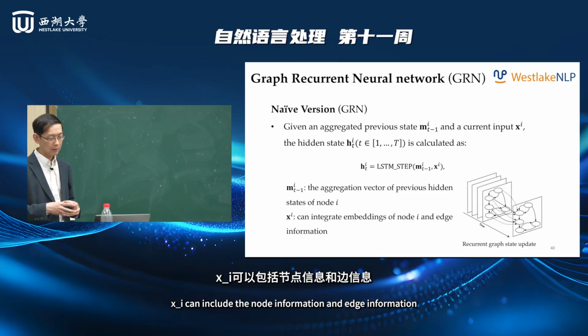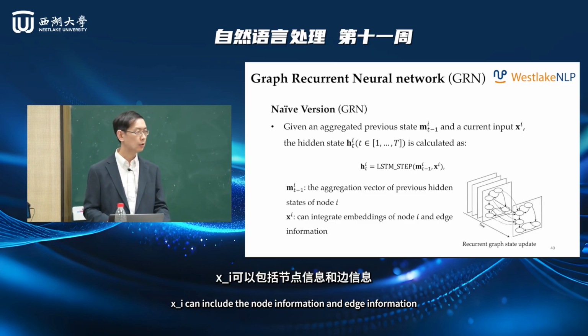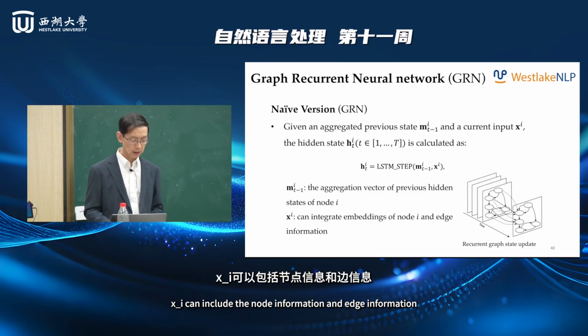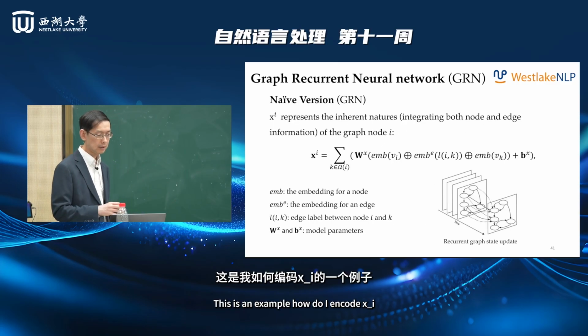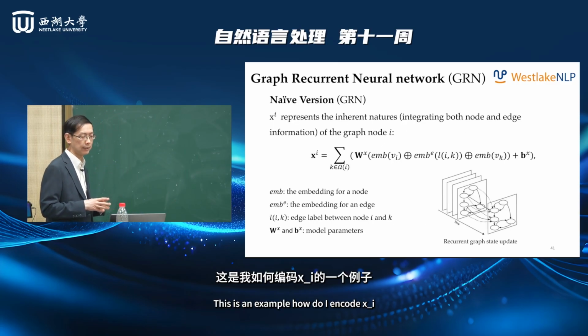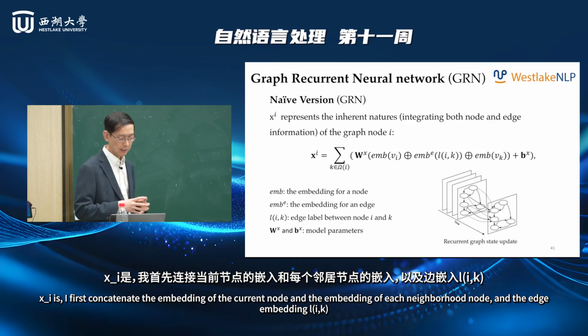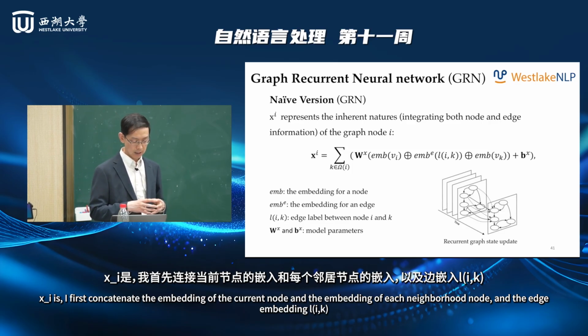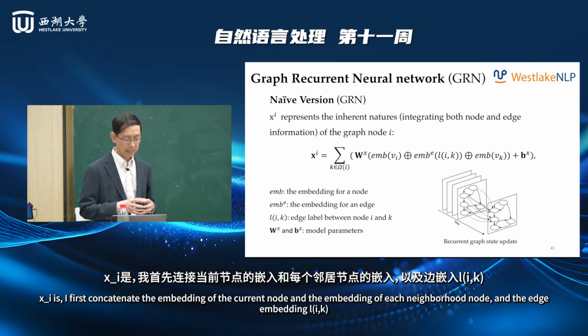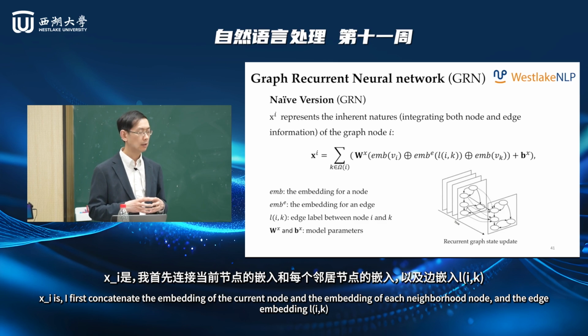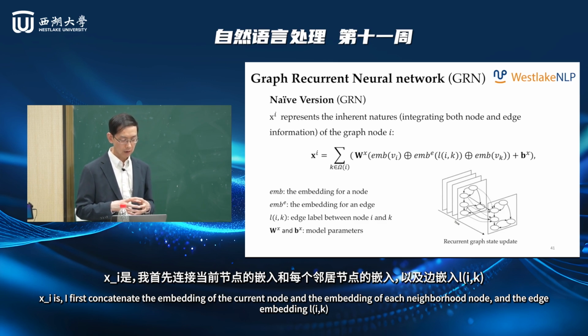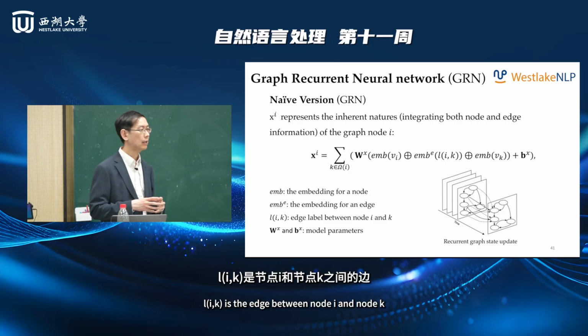So x_i can include node information and edge information. This is an example of how I encode x_i. I first concatenate the embedding of the current node, the embedding of each neighbor node, and the edge embedding l_ik, where l_ik is the edge between node i and node k.